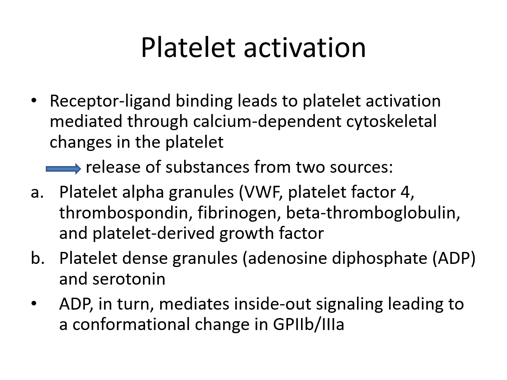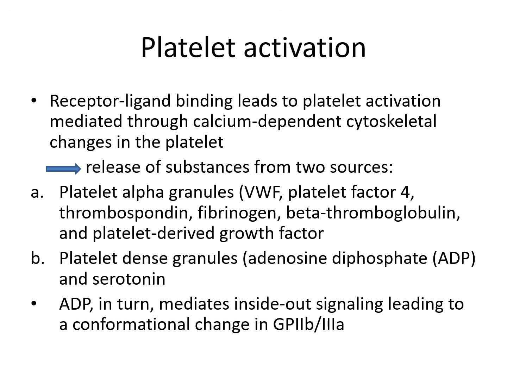Following platelet adhesion, the platelets will become activated. Once the platelets are activated, there will be liberation of their substances from two sources that I showed you in my initial slide. The platelet alpha granules will be liberated, including von Willebrand factor, platelet factor 4, thrombospondin, fibrinogen, and so on.